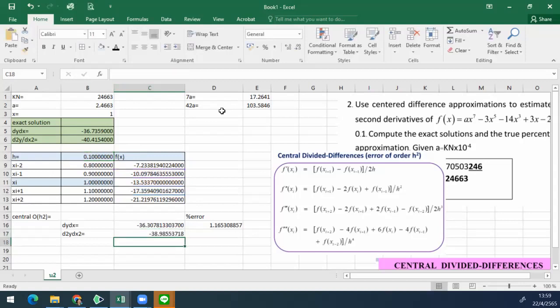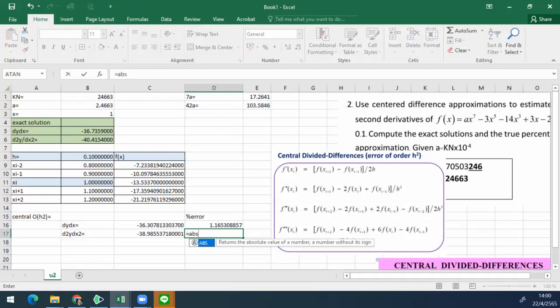Okay, we have a value like this, and the percent error is about 3.537%.